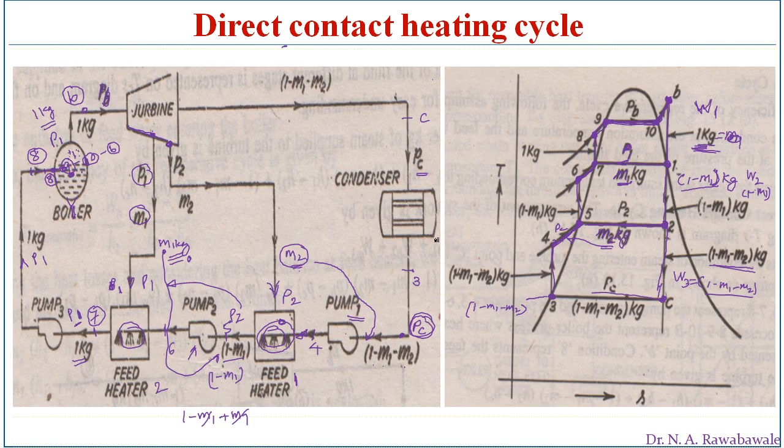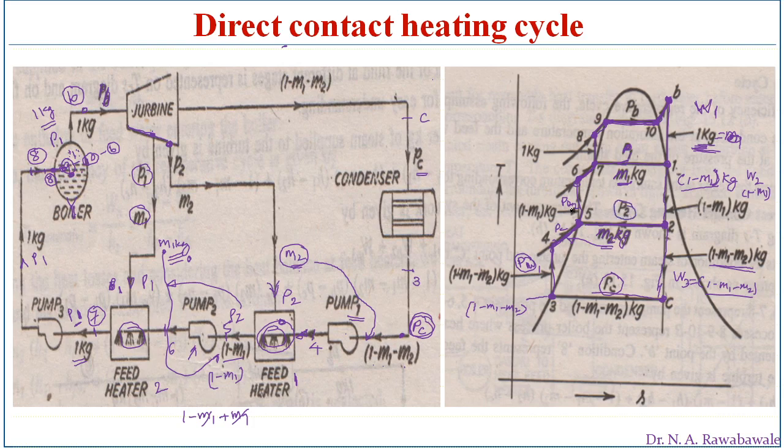Then the pump work. Pump work 1 is done between 3 to 4. This is the first pump work. Then the second pump work is between 5 to 6. Pump work 1 is to increase pressure from PC to P2, condenser pressure to first feed heater pressure P2.